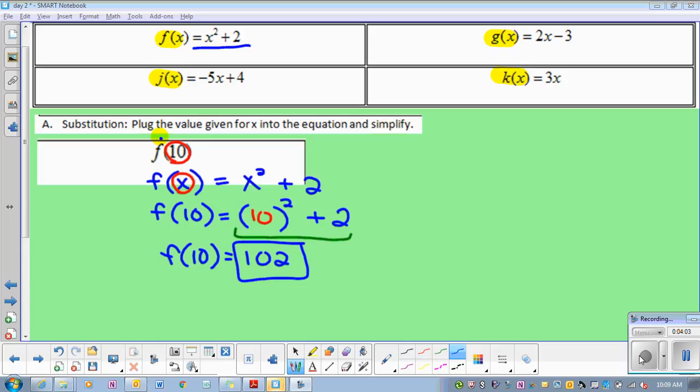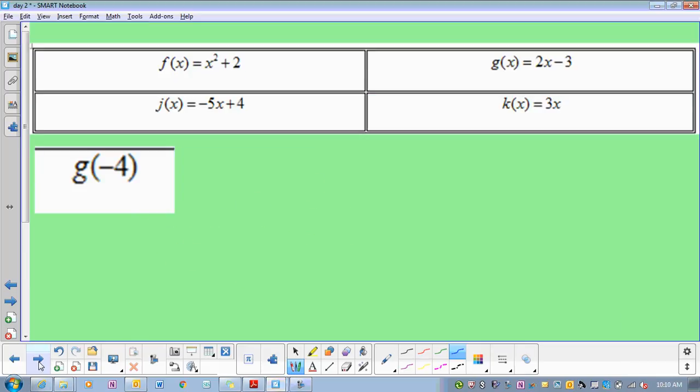How many of you guys are like, yeah, I remember this from Algebra 1? Yeah? Sort of? I'll take a sort of. Okay? All right, well then let's try the next one. G of negative 4. First off, which function do I have to use?